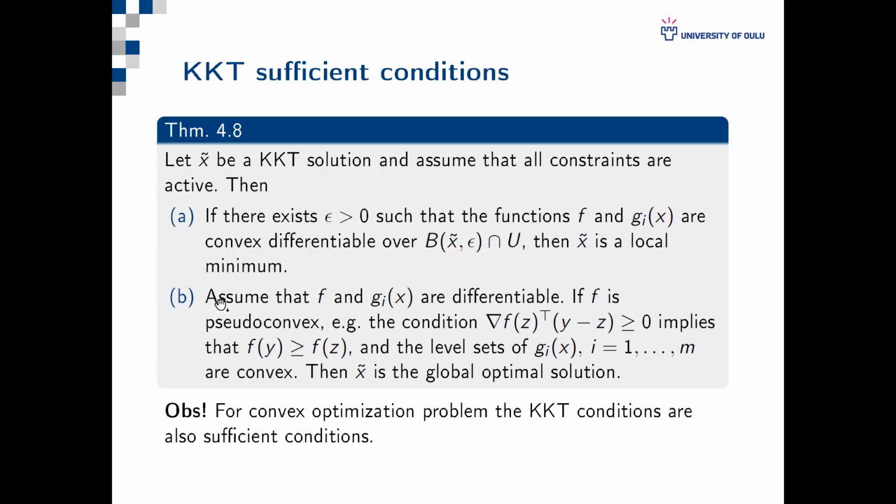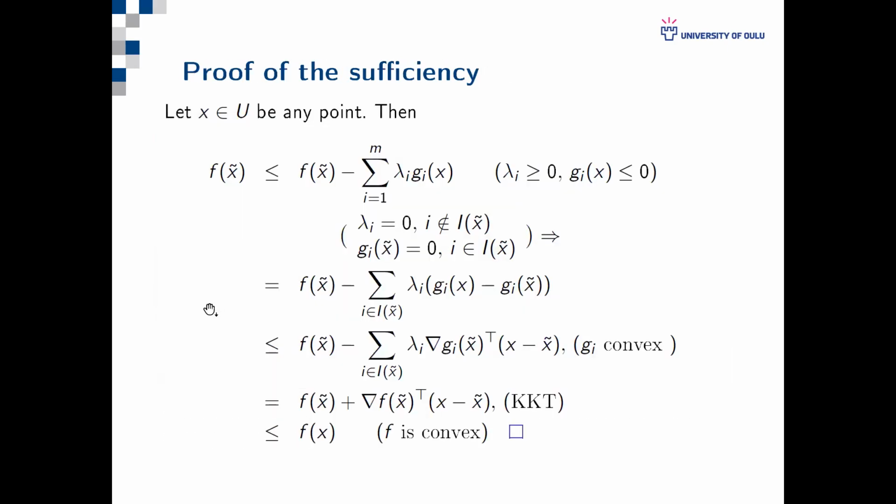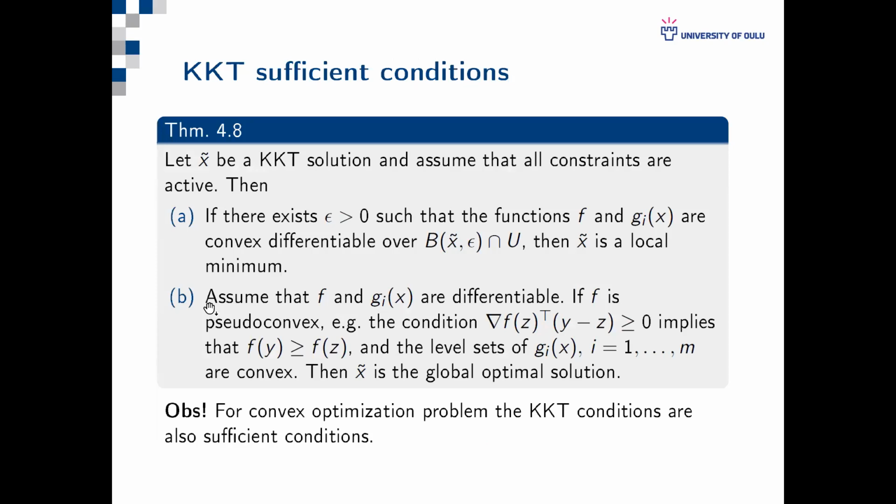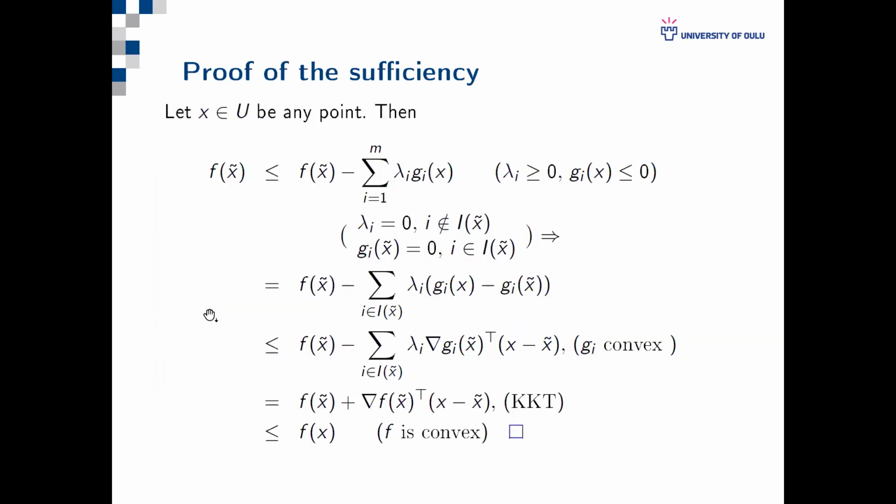For example, I will prove the sufficiency only in the case when f and g_i are convex. So let's assume that x is any point.